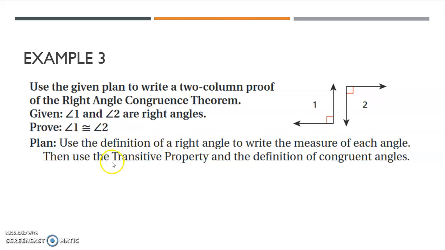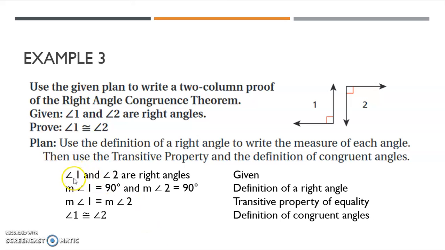Then in step 3, they want us to use the transitive property, so think about how you could use that with what you wrote in step 2. And then the last step, the reason is going to be the definition of congruent angles. And remember, the proof statement always has to be the last thing on the left side, and they've given us the last thing on the right. So do your best to fill in that proof, and then press play to check your answers.